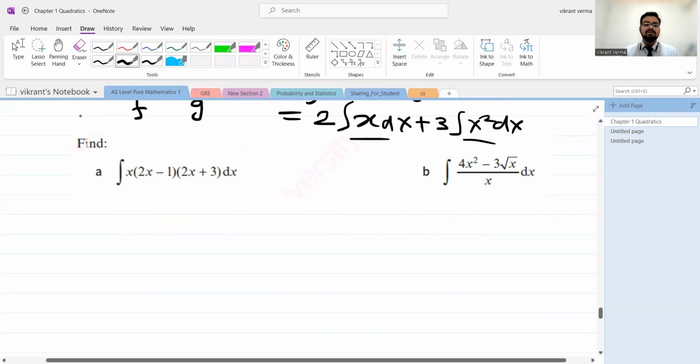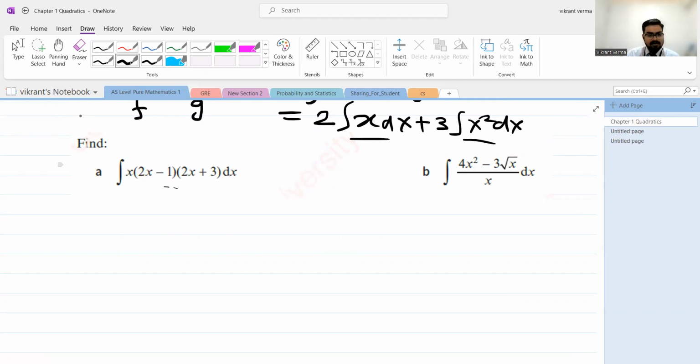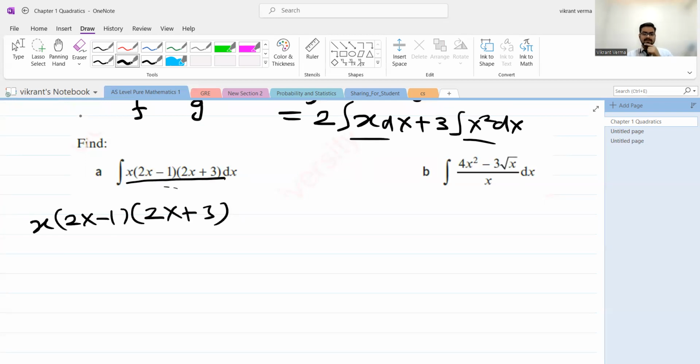So in order to solve this first question, first we need to know the value of this expression. We will just apply our basic algebra and multiply it term by term.